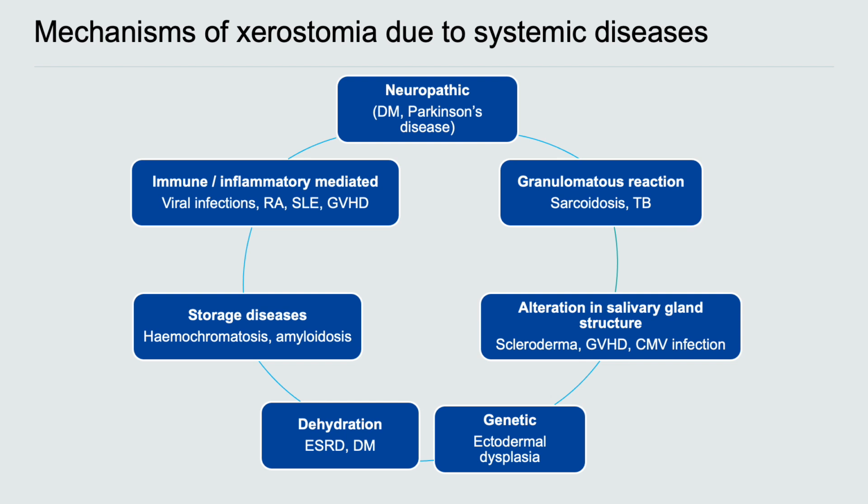In storage diseases such as hemochromatosis and amyloidosis, there's deposition of iron or amyloid respectively in the salivary glands. Alteration in salivary gland structure is seen in conditions such as scleroderma, GVHD and CMV infection. And dehydration from end-stage renal disease or diabetes or from genetic conditions such as ectodermal dysplasia can also result in xerostomia.